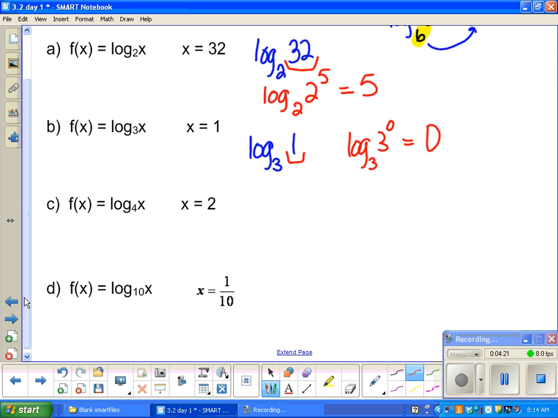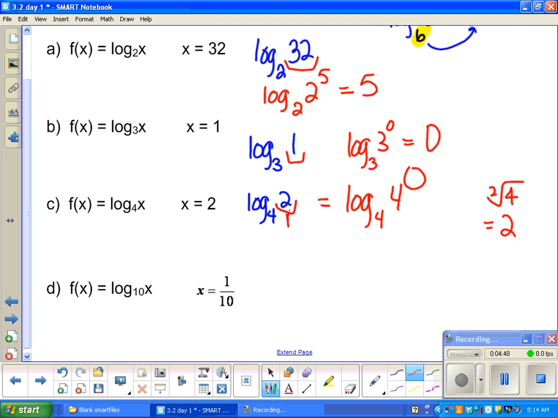Okay, so we're looking at log base 4 of 2. Now how do I change 2 to 4 to some power? Well, that's where it gets a little more complicated. We have to go back to our knowledge of square roots. The square root of 4 we know is equal to 2.